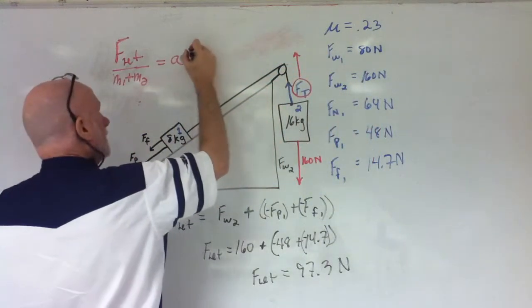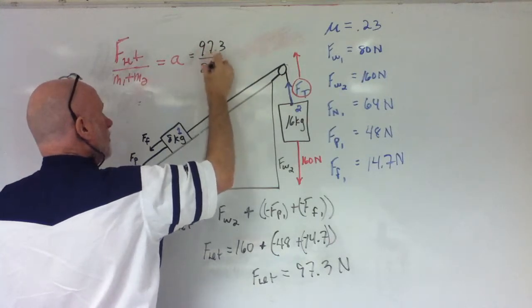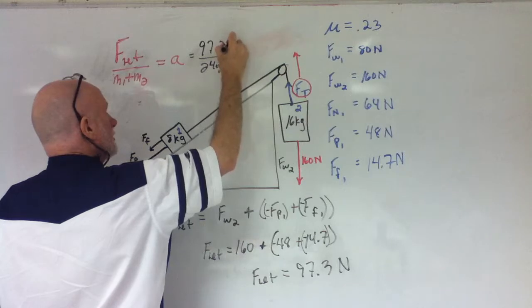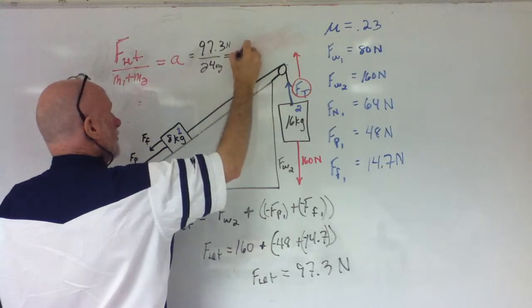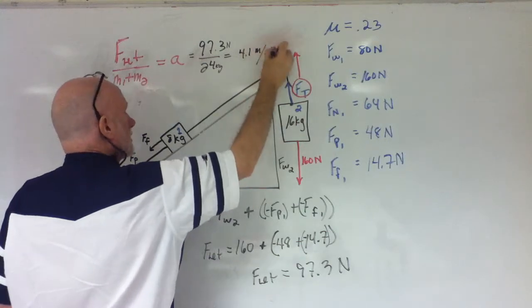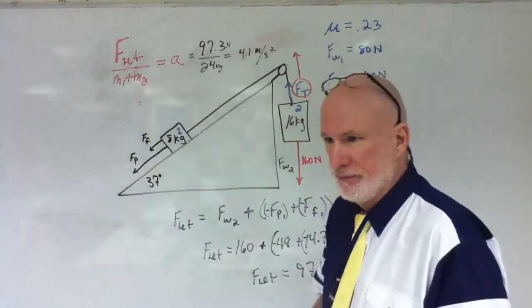So it's going to be 97.3 divided by 24. This is kilograms. This is newtons. And this is going to be 4.1 meters per second squared. Correct? Easy? Yes or no?